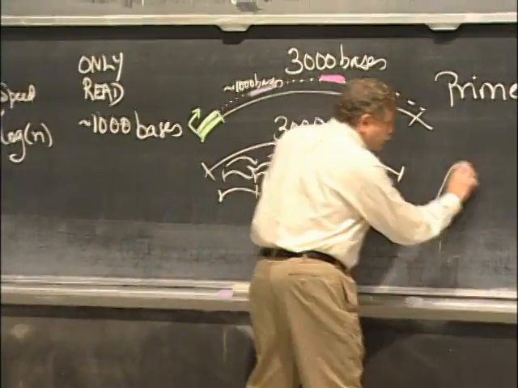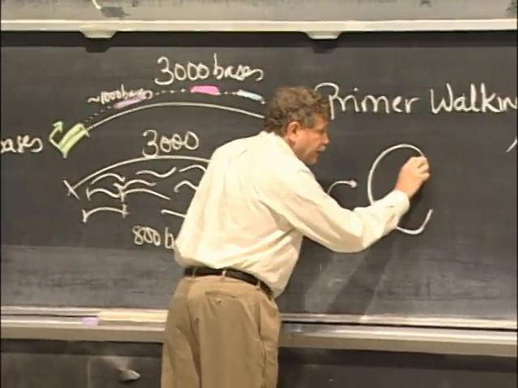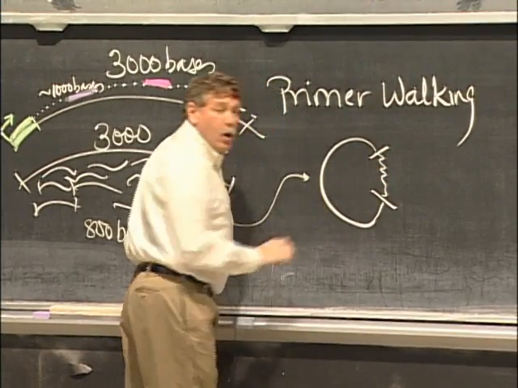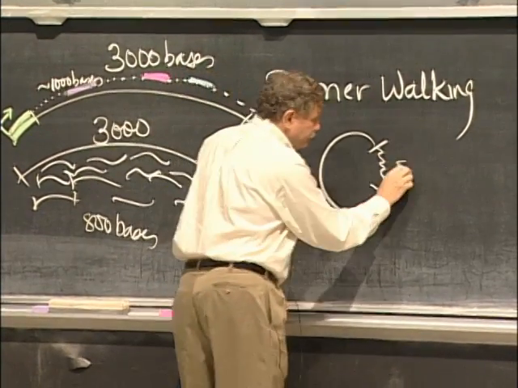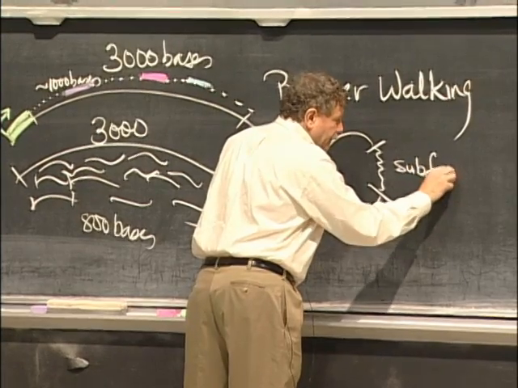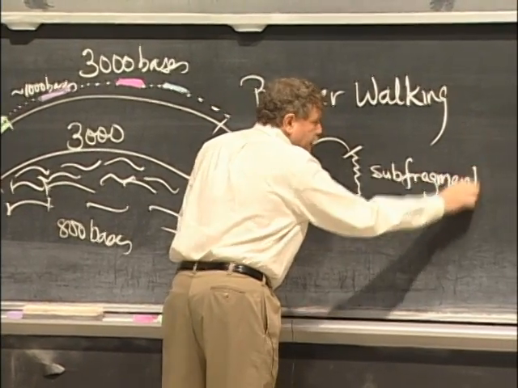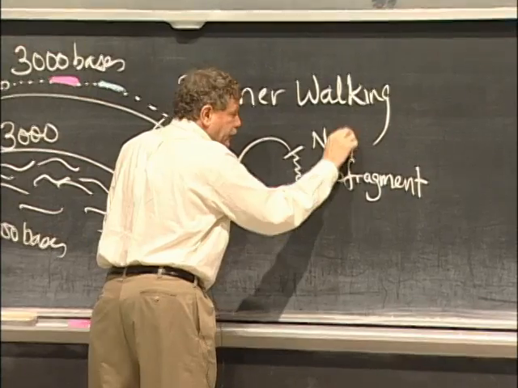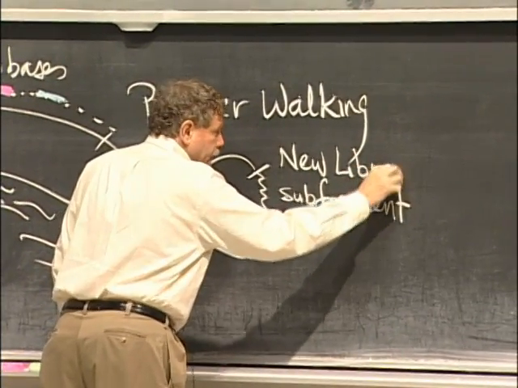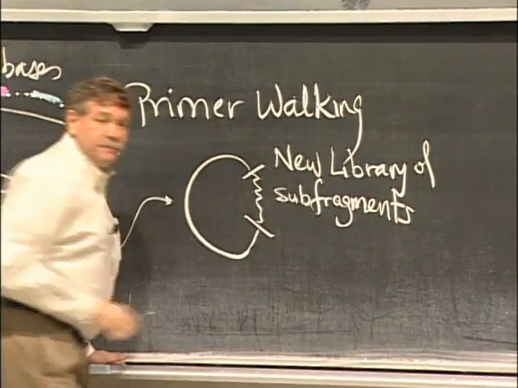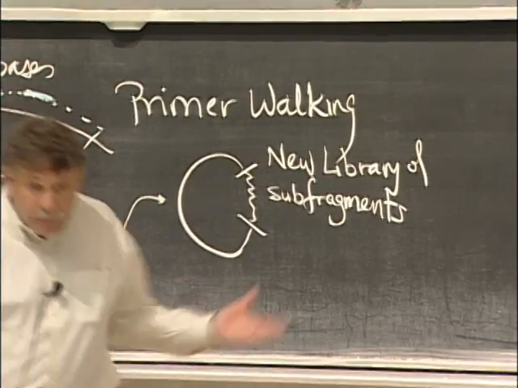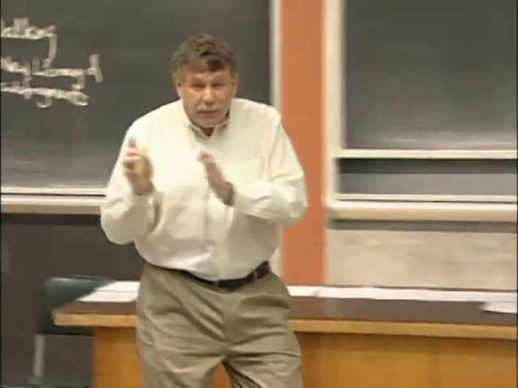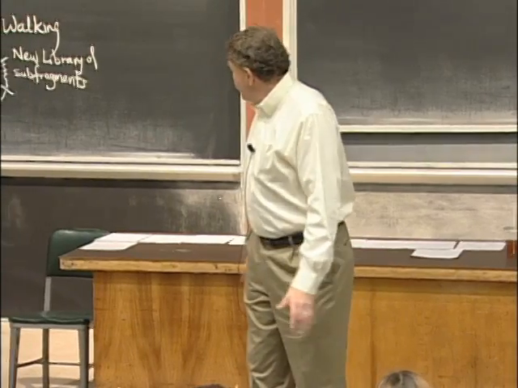And what I could do is I could clone all of those little subfragments. I take my big fragment, and what I'm going to do is I'm going to make a new library of subfragments.